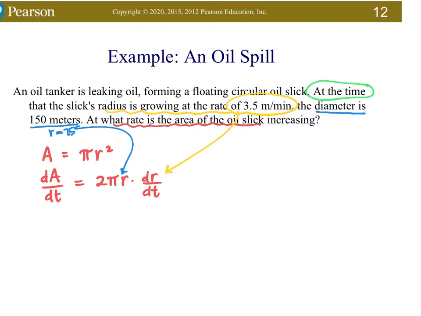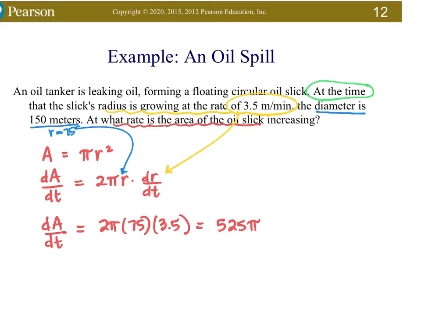So now we're freezing this moment in time, and so my rate at which the area is changing with respect to time will be 2 pi times 75 times 3.5, which gives me 525 pi.